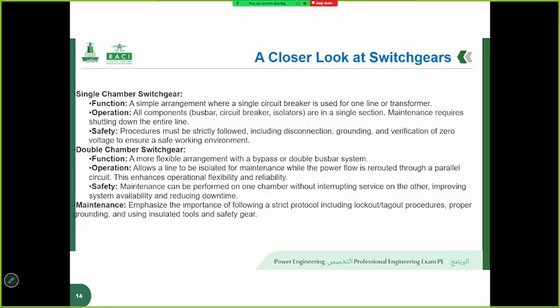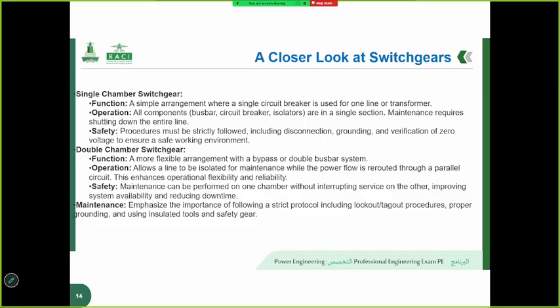Single chamber switchgear is a straightforward and cost-effective design where a single circuit breaker is used to control and protect a single power line or transformer. In this arrangement, all associated components such as the bus bar, circuit breaker, and isolators are housed within a single electrical section.